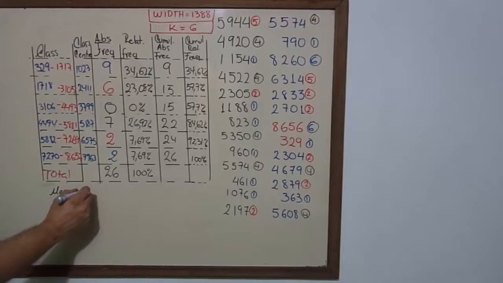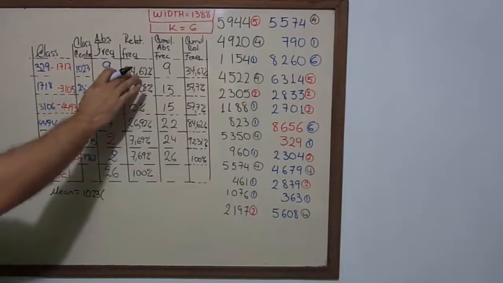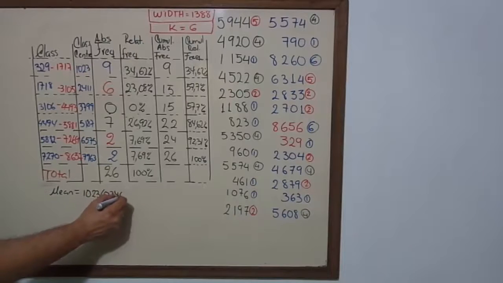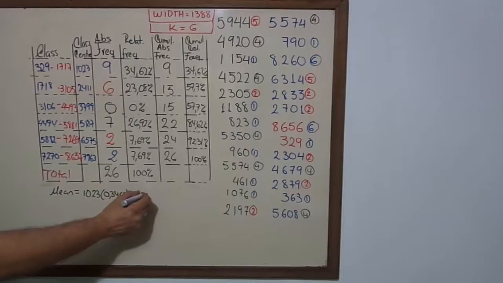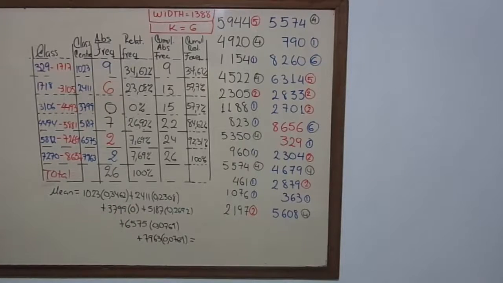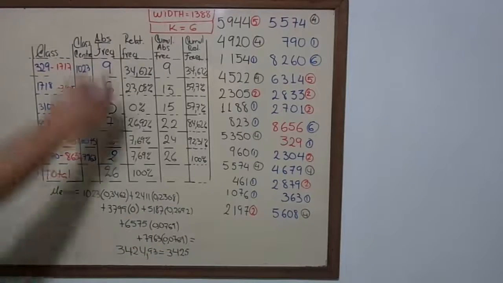What I mean by this is 1,023 times 34.62%, which is 0.3462 in decimals, right? 462 plus 2,411 times 0.2308 plus 3,799, and that is equal to 3,424.93, and we're going to round it to 3,425. Okay, let's place it here.